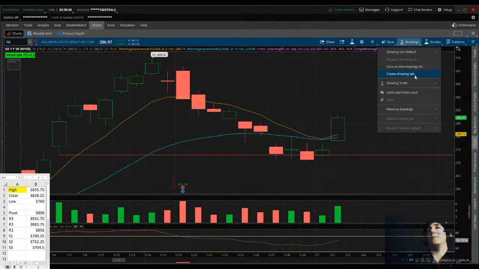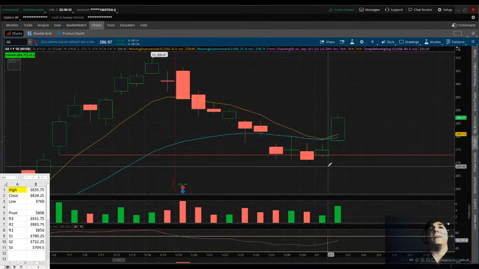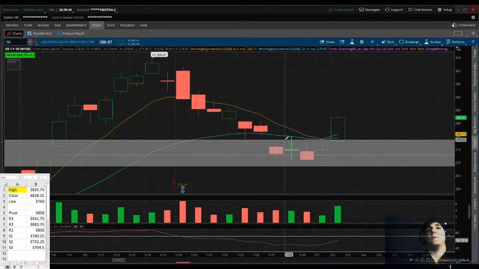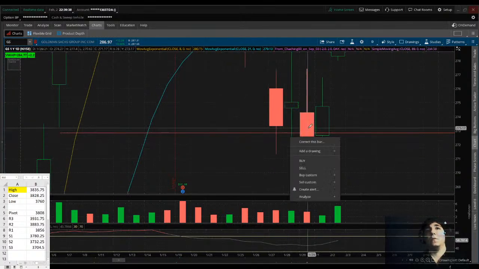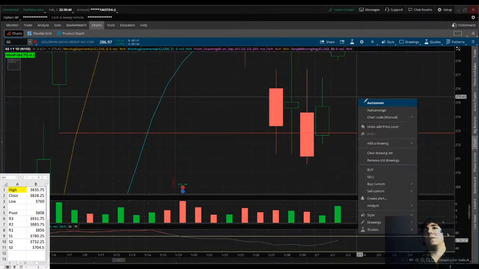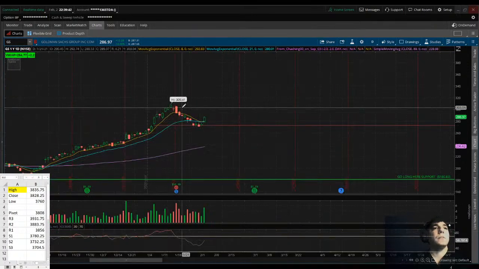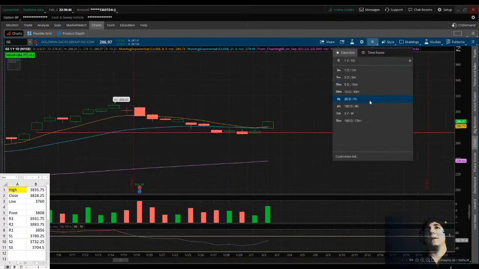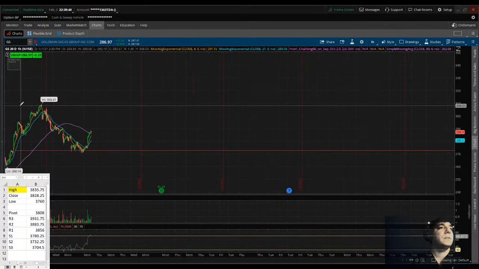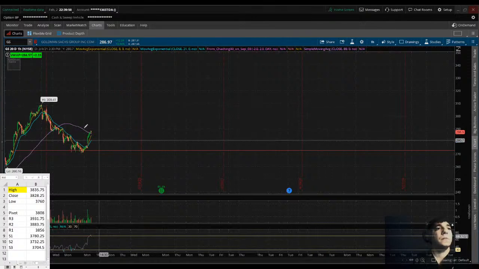So when I started seeing this little balance area right here, right click, auto zoom. Sometimes that goes in too far and then you get a little bit crazy. Let's look at the hourly, might be easier. There we go.